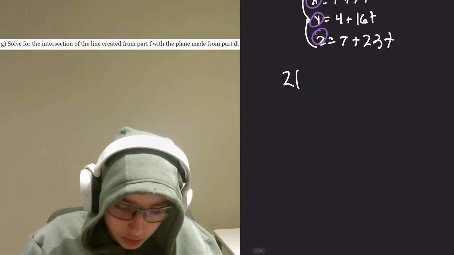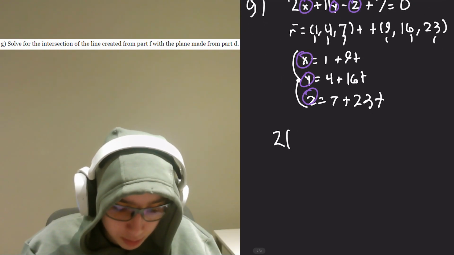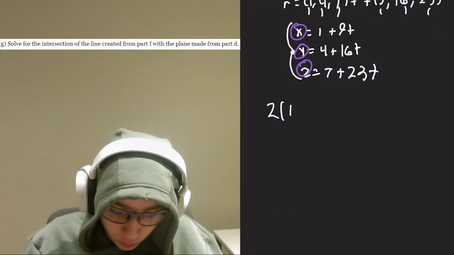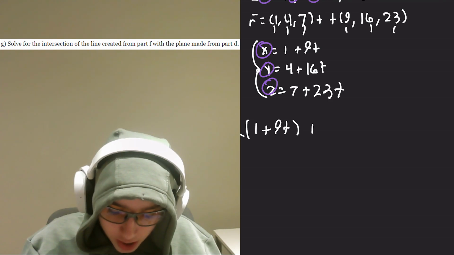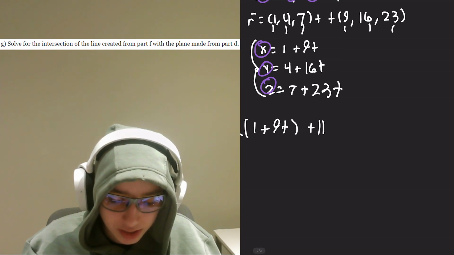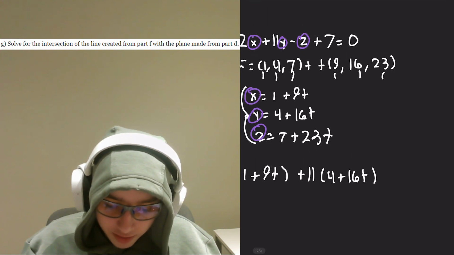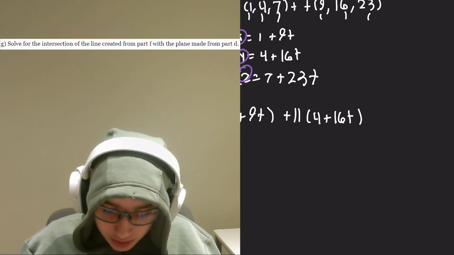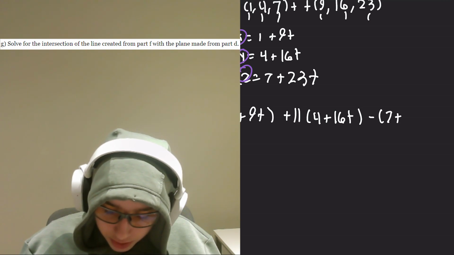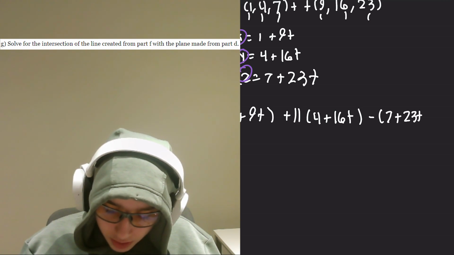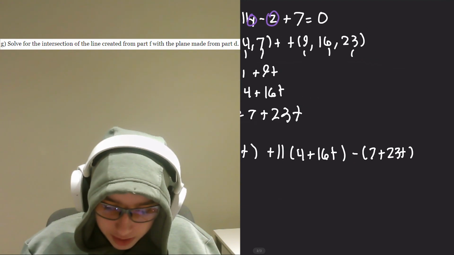We have 2x, but instead of x, we're going to replace that with 1 plus 9t. Now we have plus 11y, but instead of y, we'll write 4 plus 16t. And then we have minus z, but instead of z, we're going to put 7 plus 23t. And then lastly, we have plus 7 is equal to 0.